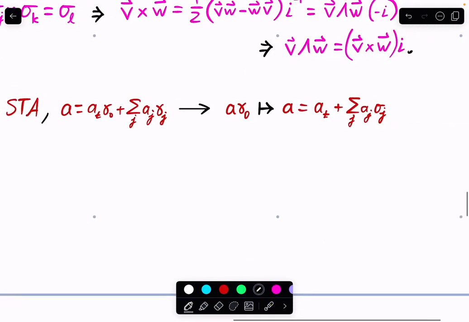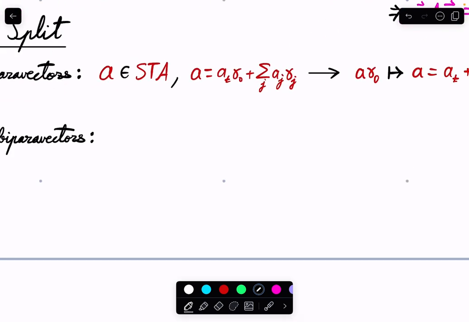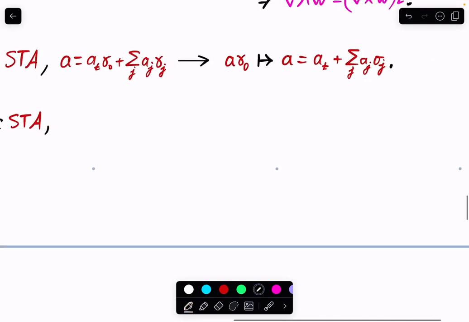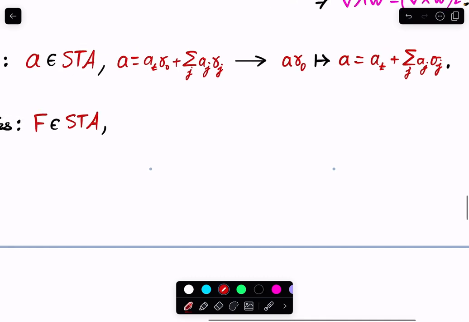And likewise, if you have a bivector f in the STA, then f is equal to f gamma_0 squared, right?